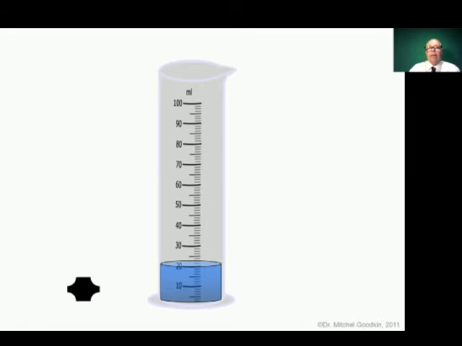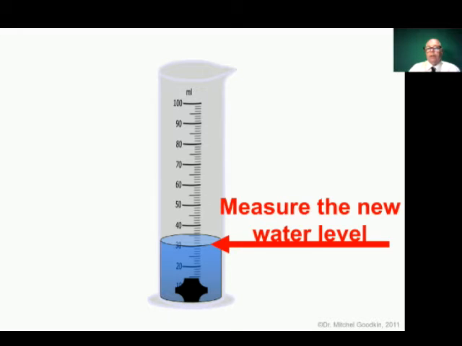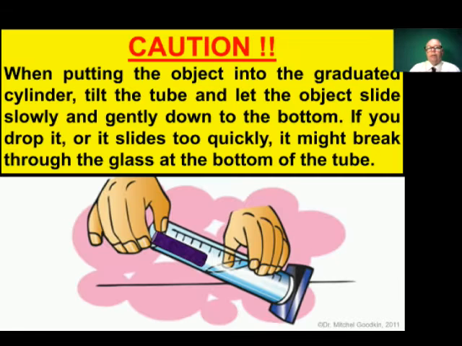Now I'm going to take the object and drop it into the graduated cylinder. There we go. When you put the object into the graduated cylinder, the liquid level will rise. Now we measure the new water level, and that's 30 milliliters.